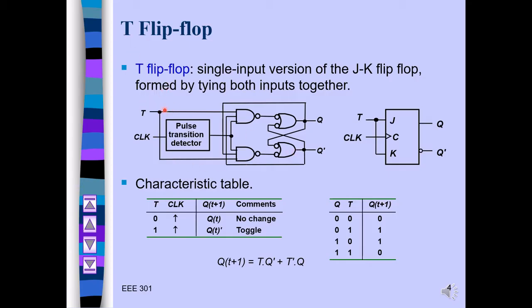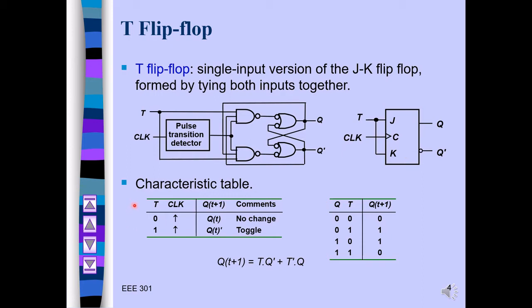So right now we have one input instead of two for the JK. For the T flip-flop we just have one input, so K becomes shorted with J and that becomes T. This is your clock and this is your Q and Q prime.